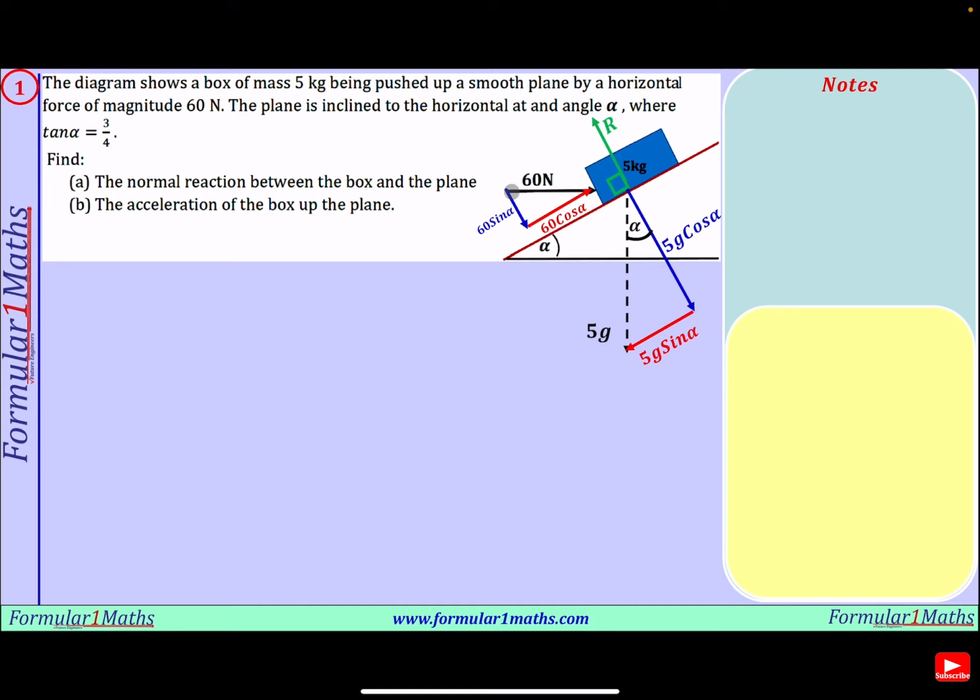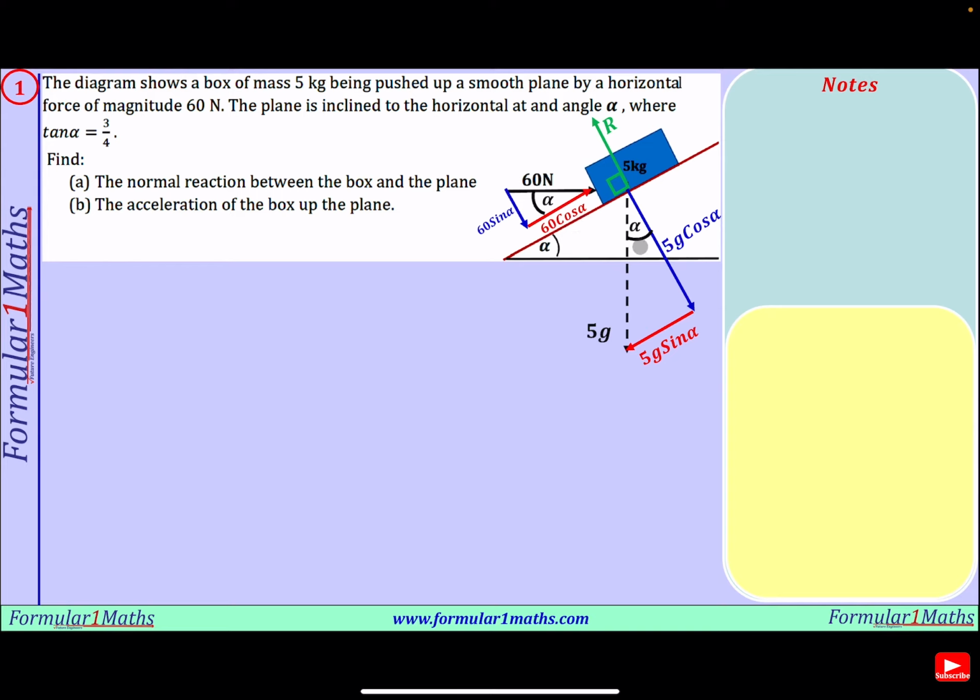If you look, consider this one and this are alternate angles. Again, it will not always be the case. It's only the same here because this force is acting horizontally. So that is alpha, and that's why we can get 16 sine alpha here and 16 cos alpha here.